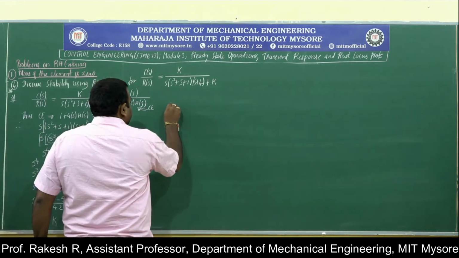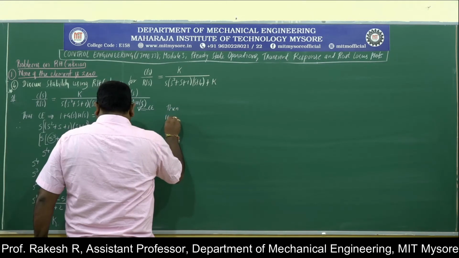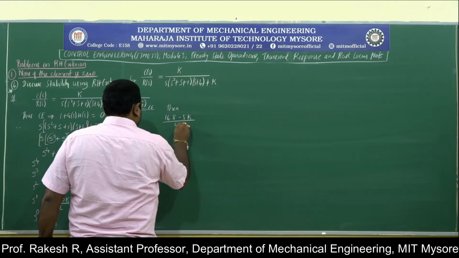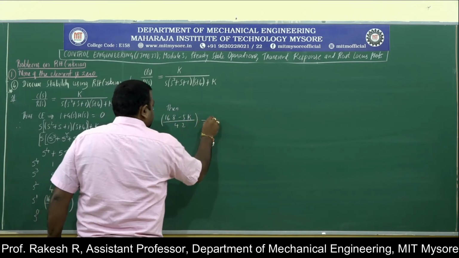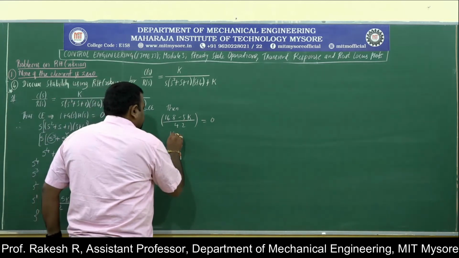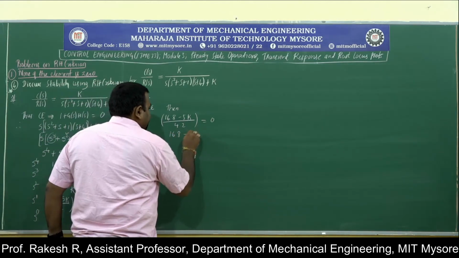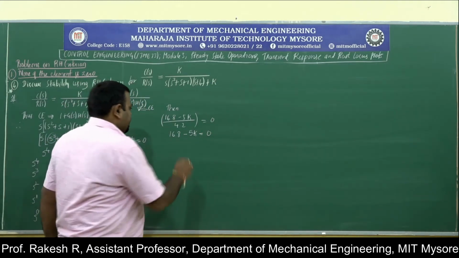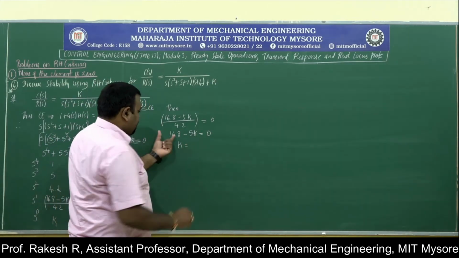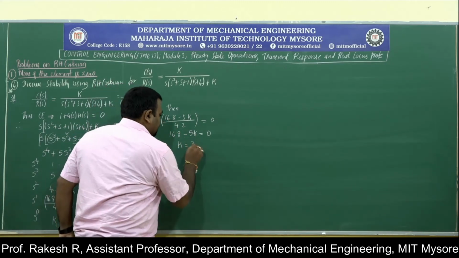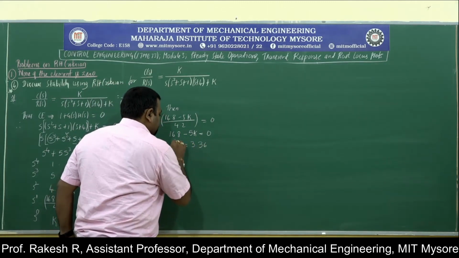Then 16.8 minus 5K divided by 4.2 equal to 0. If you equate this, I will get 16.8 minus 5K equal to 0. Then what is the value of K? K will be equal to 16.8 divided by 5, which is around 3.36.